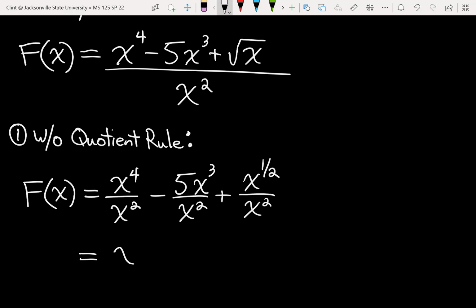So then that simplifies to x squared minus 5x plus, what's that last one? The last one's a little bit ugly. What's our rule for exponents? For dividing, subtract, so 1/2 minus 2, or 1/2 minus 4 over 2, x to the negative 3 over 2.